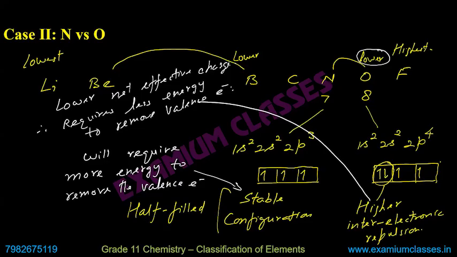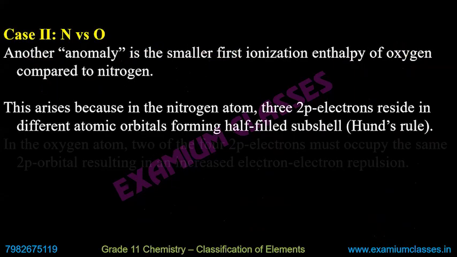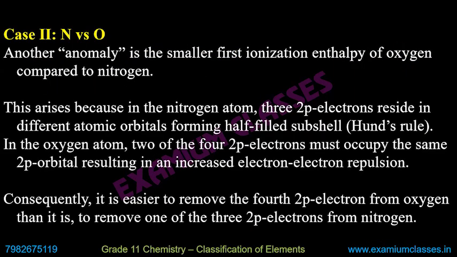Just go through the points. If any point is not clear, if you're not able to recall, just let me know. The same thing is written here. Half-filled configuration, Hund's rule of maximum multiplicity.